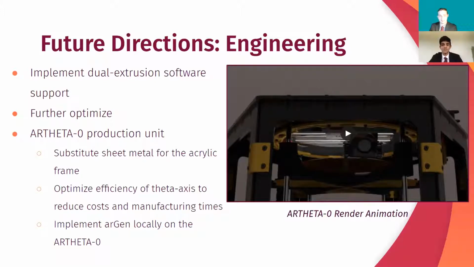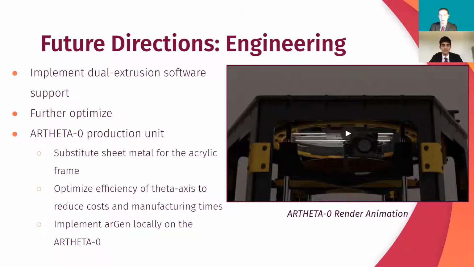And then lastly, we are working on the current design and development of an R-Theta Zero production unit, which would work to maintain specs that are much more comparable to the industry in terms of the printer's composition, and would also make it easier to deploy. Some of the changes we are making there are we are substituting the current acrylic frame for a new sheet metal frame, which would lead to greater rigidity as well as longevity for the printer.